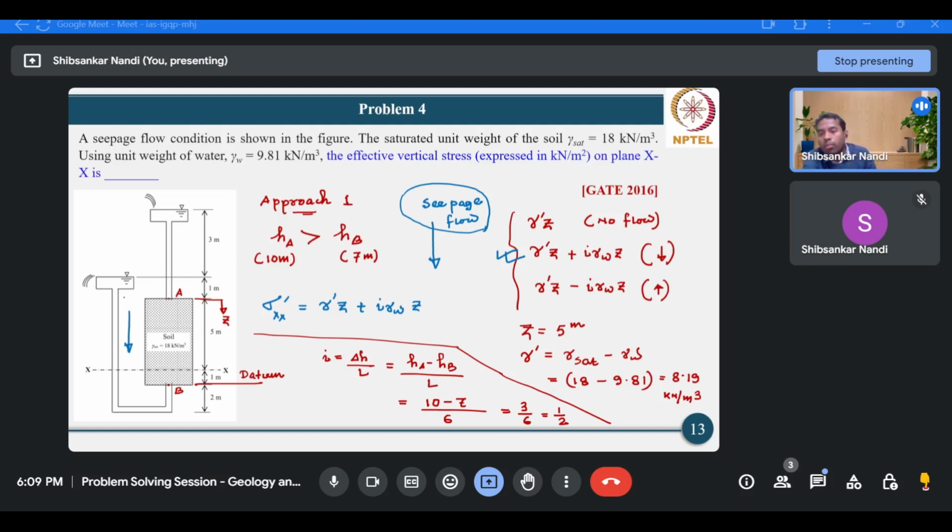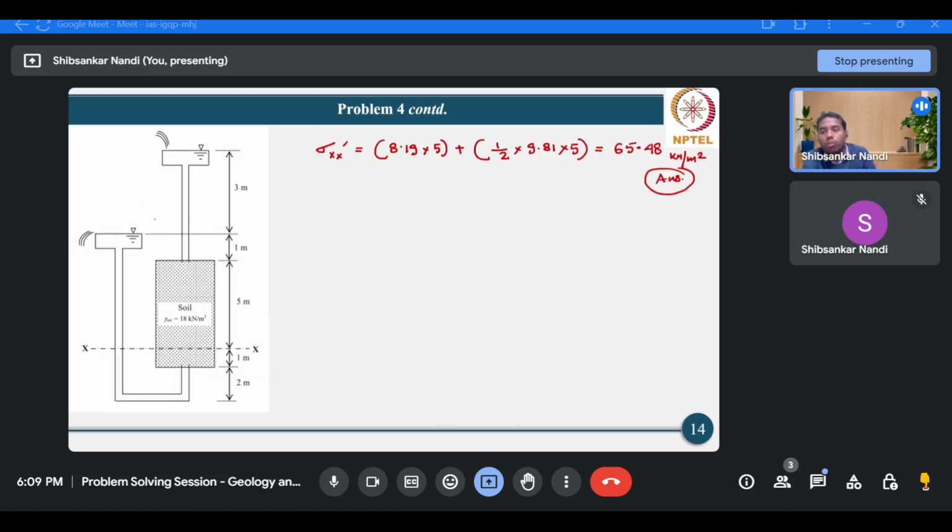If we mark it here, this is point A, the top of the soil sample. This is point B, the bottom of the soil sample, and this is the length of the soil sample. This is the reference for calculating z, and this is the data.